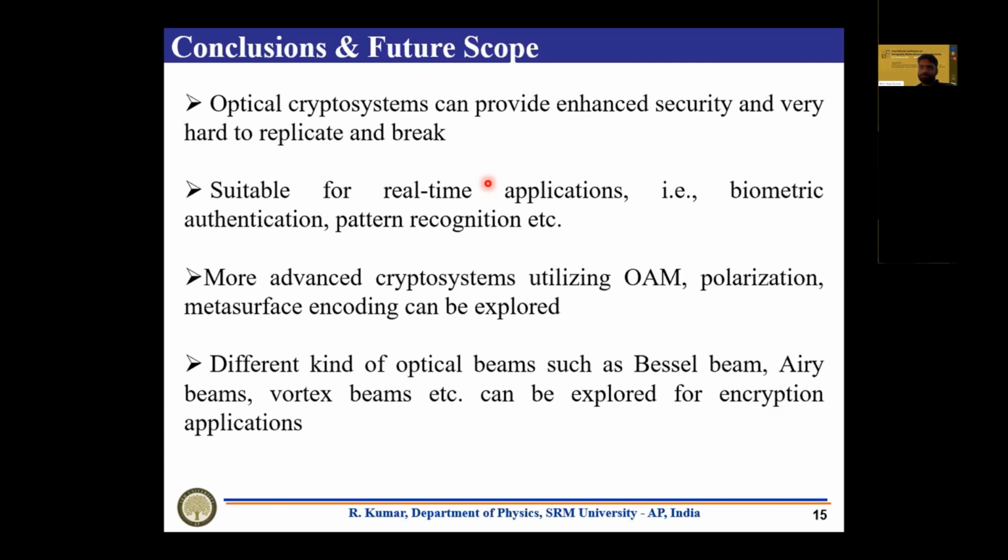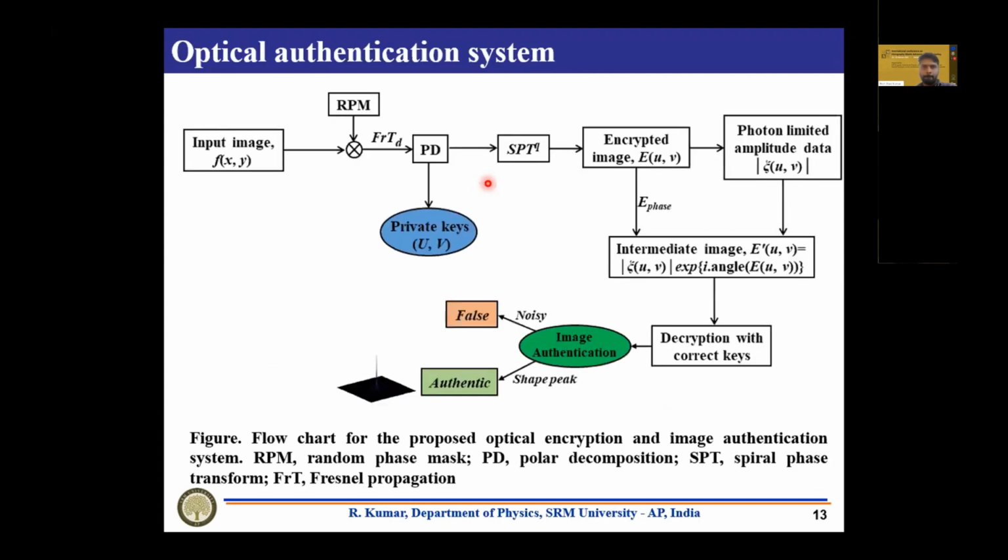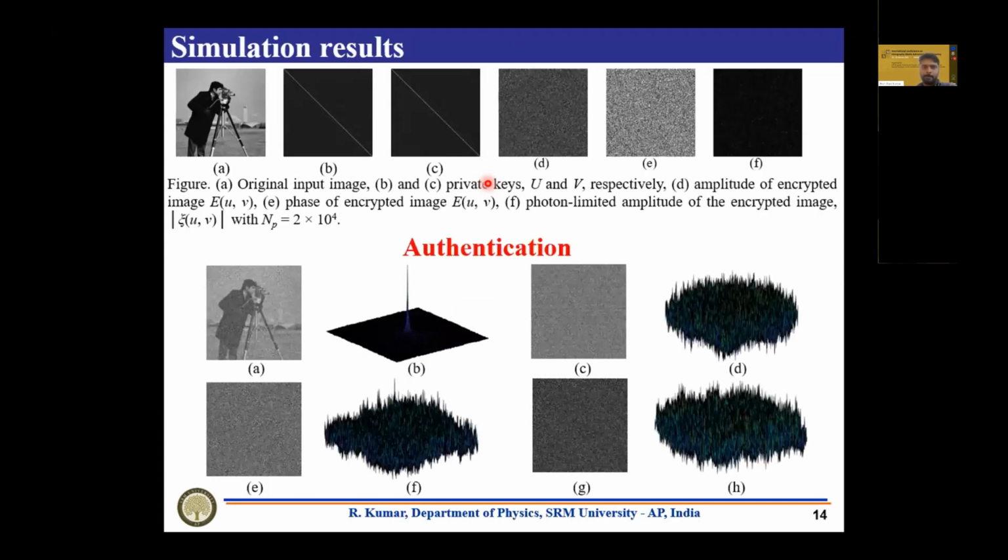Okay, I understand. I have a question. When you concluded your talk, you said that it is also possible to use deterministic functions like Airy beams and other types of beams for encryption, right? And you showed a slide two slides before the conclusion slide, where the authentication is shown. In this case, I understand when you use a random mask, you get a peak, and if there is even a slight variation, then you don't get this peak.